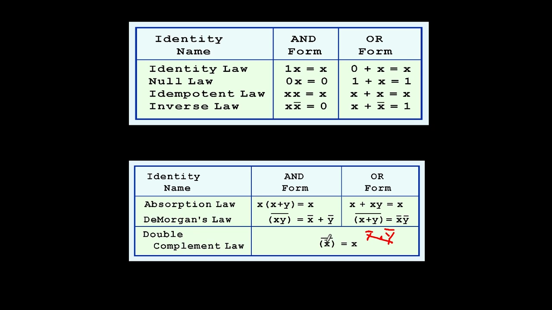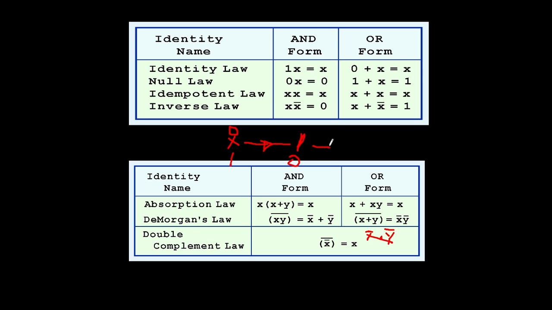X NOT equals X, meaning I'll have X, say it's a 0 or a 1. I put it in an inverter. It's going to give me a 1 for this, and a 0 for the 1.